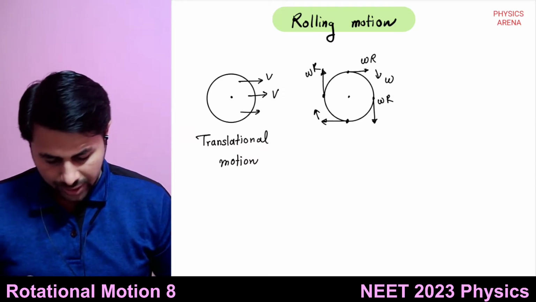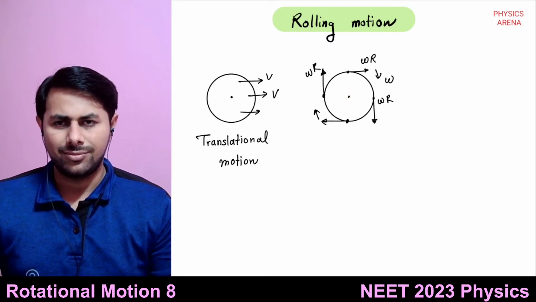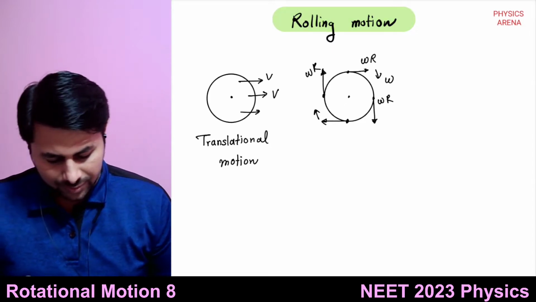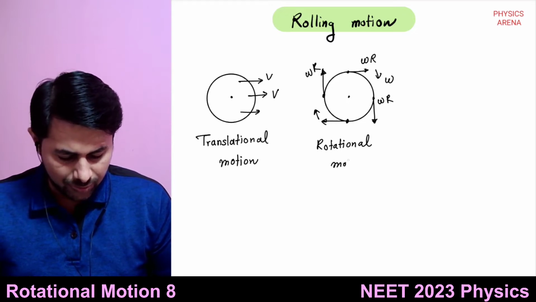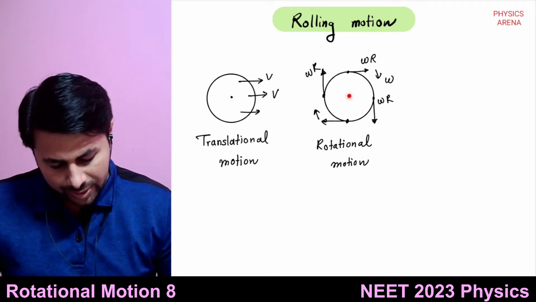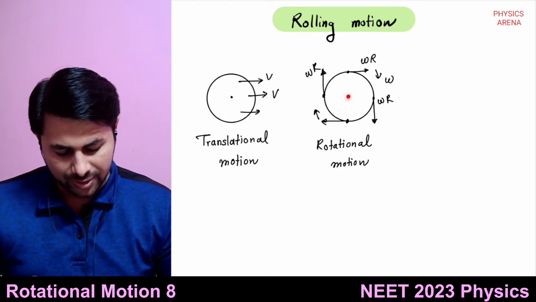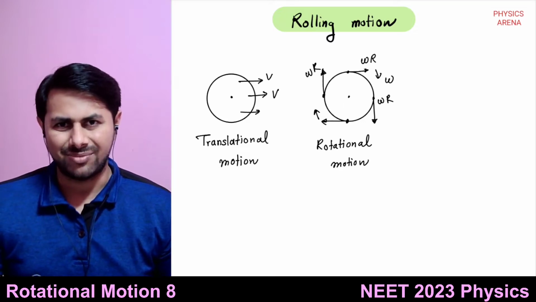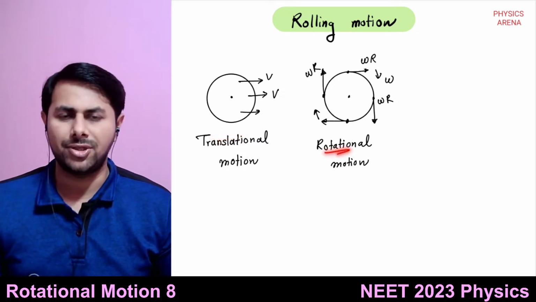Now what is the velocity of the center of mass? It's zero, right? In rotational motion, the body is rotating about an axis passing through the center of mass and perpendicular to its plane, so the velocity of the center of mass itself is equal to zero. So this is translational motion and this is rotational motion.